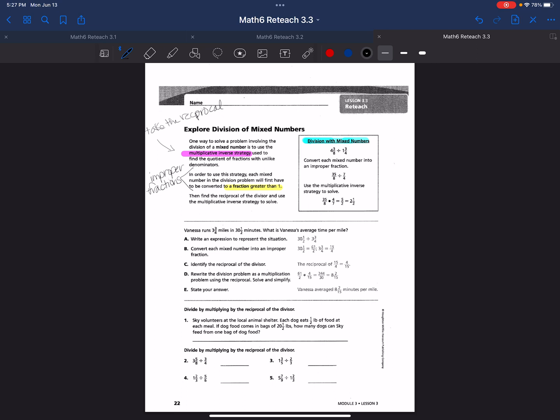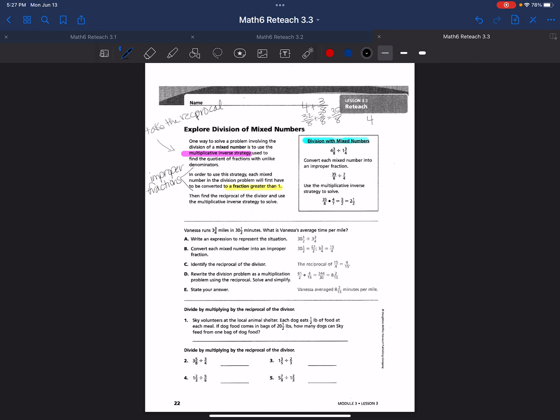Let's look here to the right for an example. 4 3/8 divided by 1 3/4. If we look at 4 3/8, that's really saying 4 wholes plus 3/8. Or we can think of it as 32/8 plus 3/8, which equals 35/8.